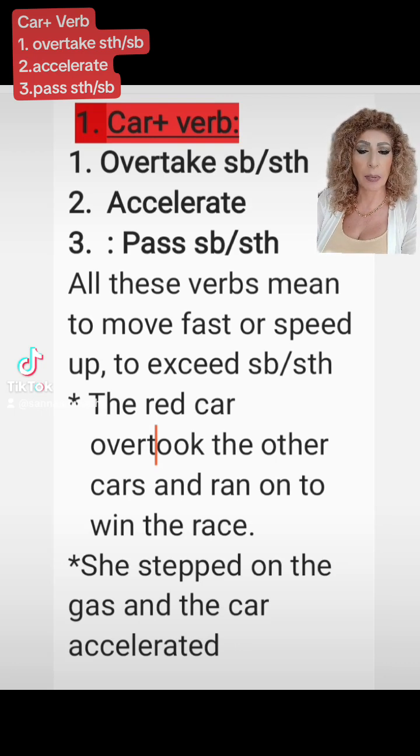Here in this example, we wrote after overtook the other cars, and the other cars is the object of the sentence, and it refers to things. Another example, but it is not written here, we could say all the cars overtook us while we were walking. In this example, us comes after the verb. It works as an object and refers to people.